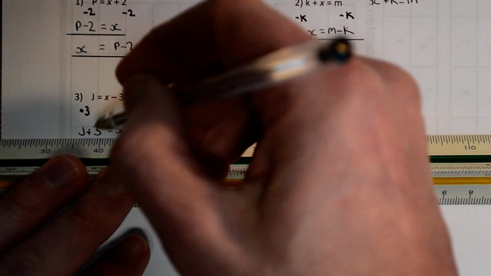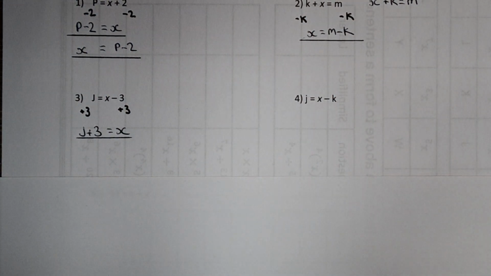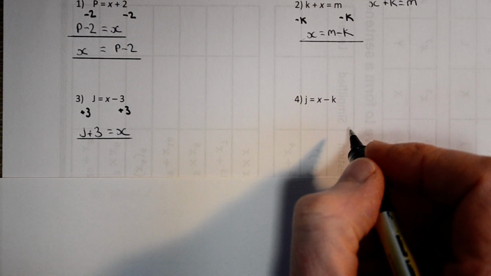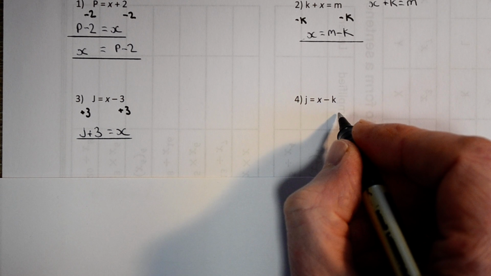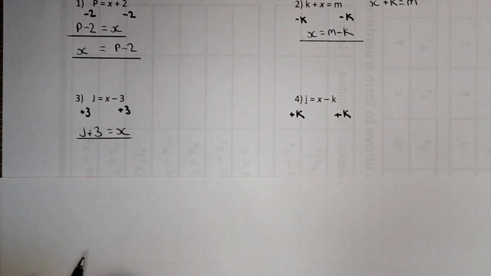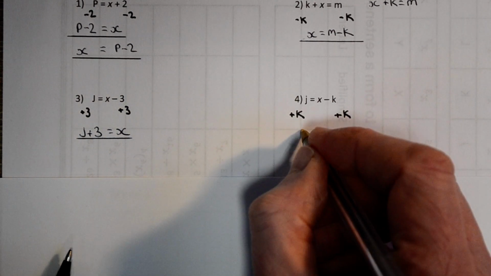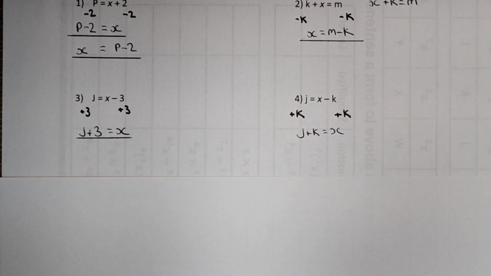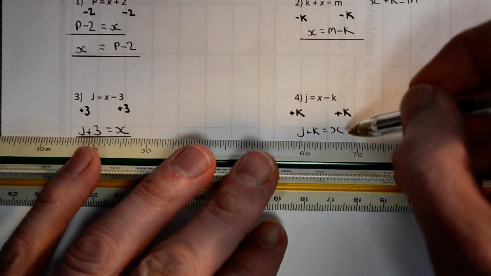And that's our final answer. On number 4, we've got, instead of a number, we've got a letter subtracted. So we don't know what the letter is, but we simply add that value on whatever it stands for. So j plus k equals x. It's the subject of the formula now, as requested.